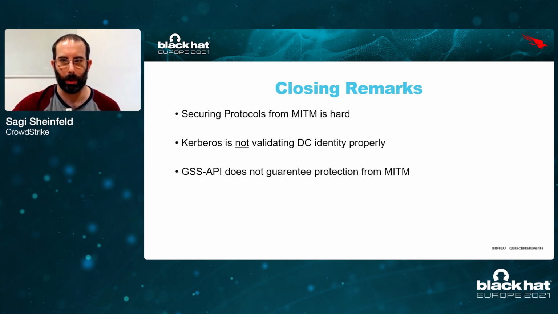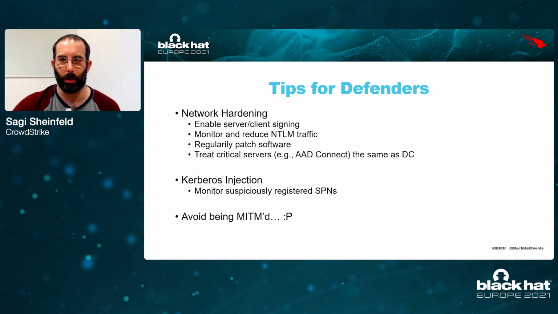Some tips for defenders: always enable server and client signing. If you don't do so, you only expose yourself to lots of simpler attacks than what we have already shown. As we always say, monitor and reduce NTLM traffic, and treat your critical servers like Azure AD Connect and VMware the same as you would the domain controller.